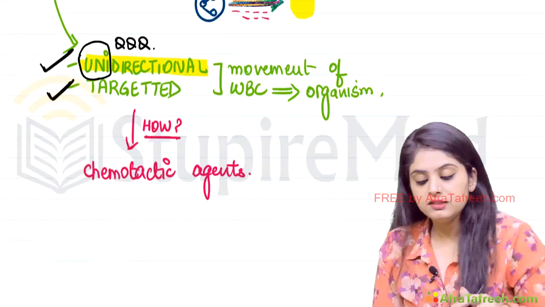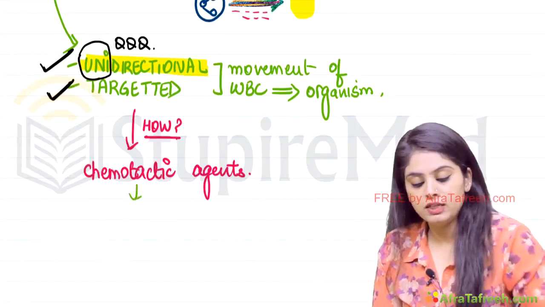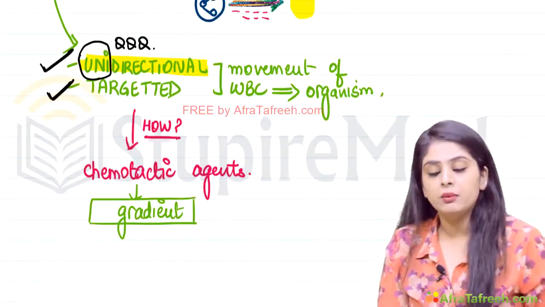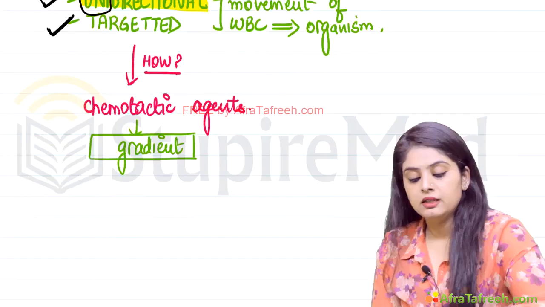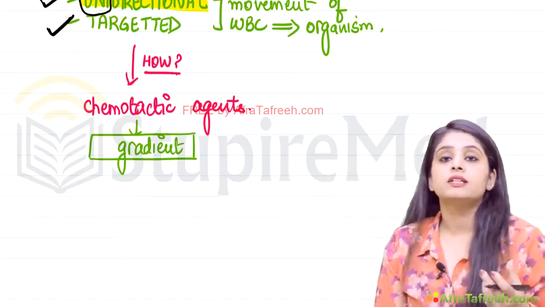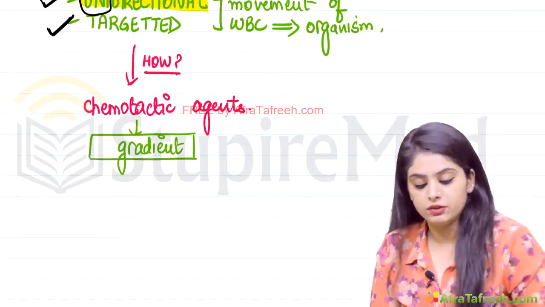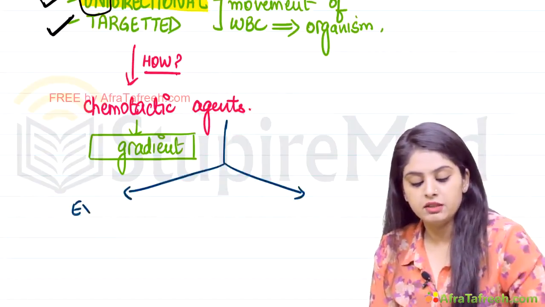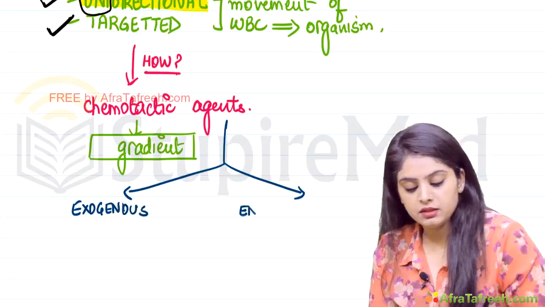So these chemotactic agents are going to create a gradient. And how will they create a gradient? What you are asked in the exam is, what are the examples of these chemotactic agents? So remember, the chemotactic agents are of two types. They can be exogenous and they can be endogenous.